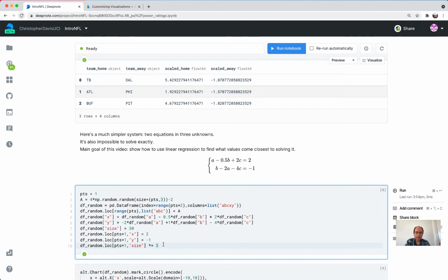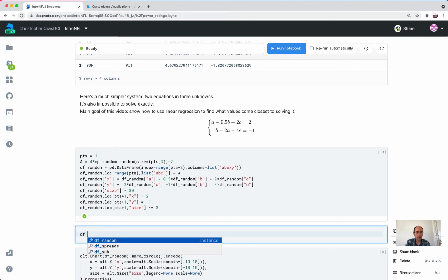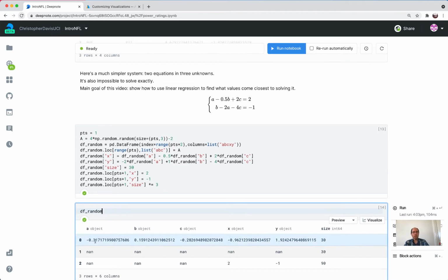Let me evaluate this and show you what it looks like. I've made this data frame called df random, and let me show it to you. Points is how many points I'm going to draw on the plot.